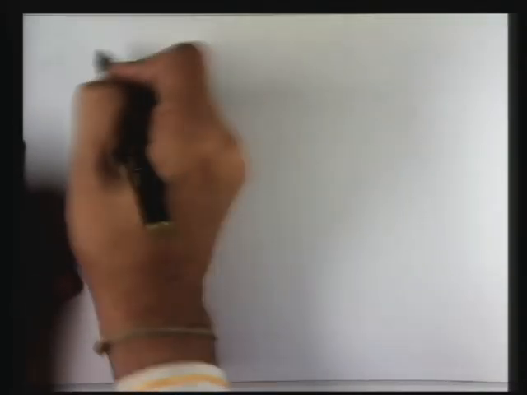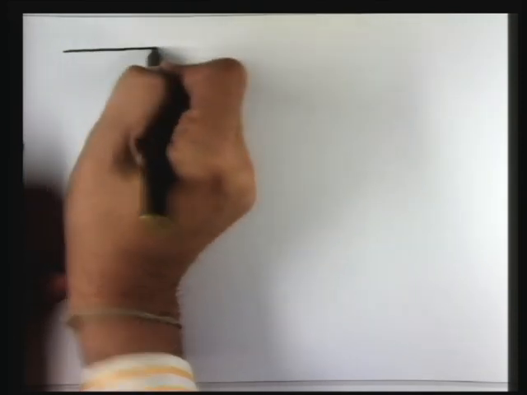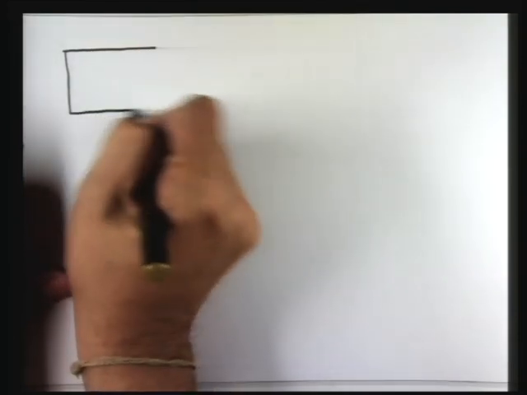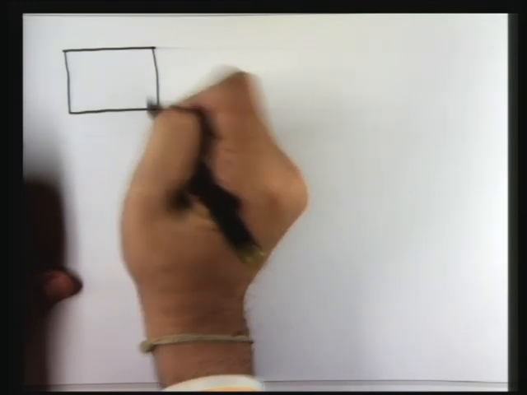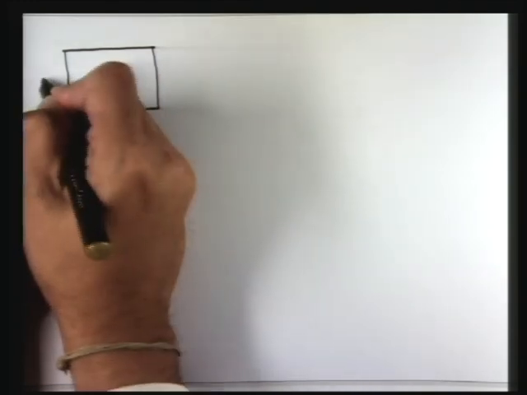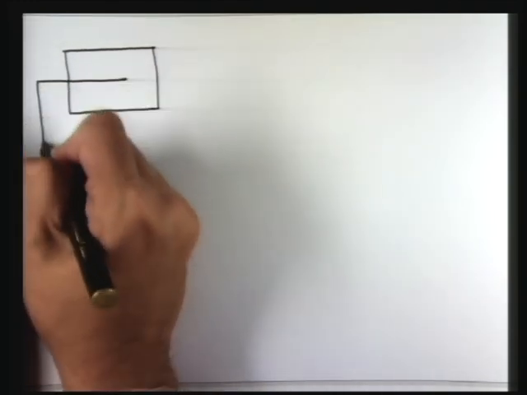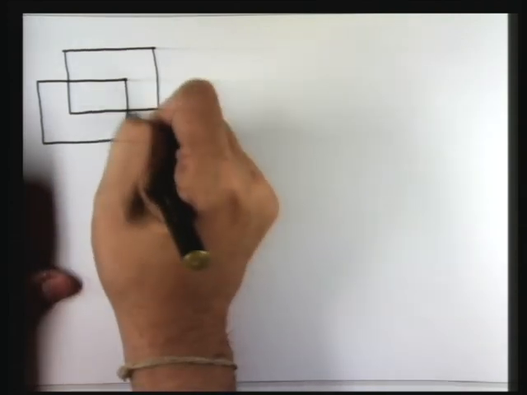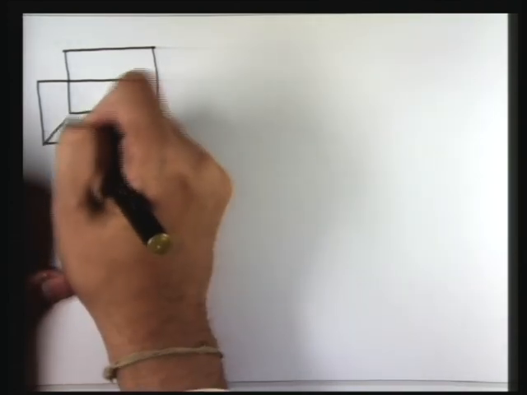So some special surfaces are like this. Let us say that we consider a rectangular box.